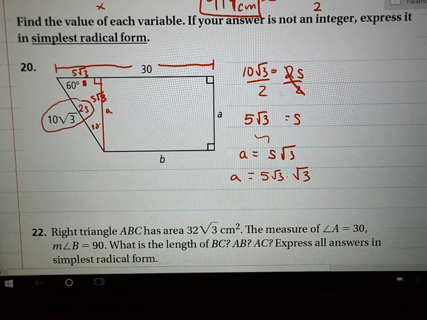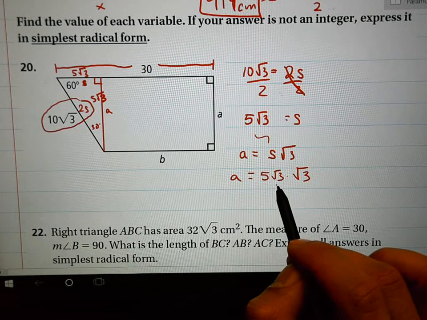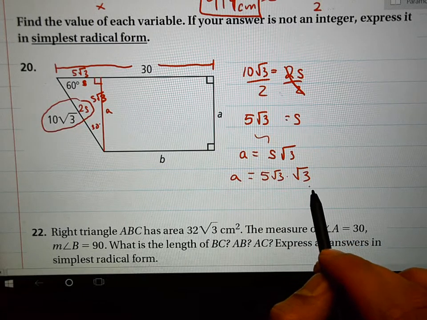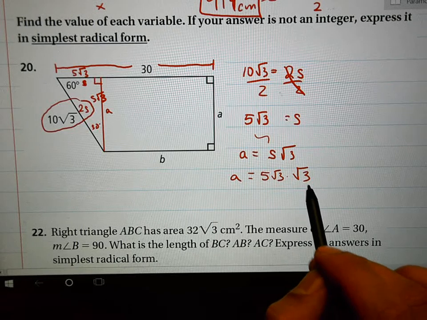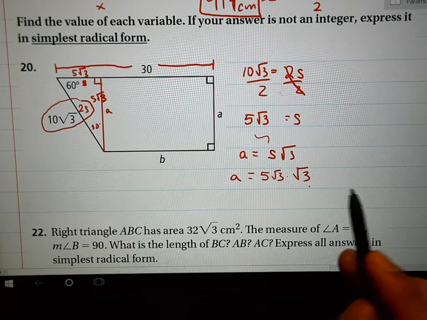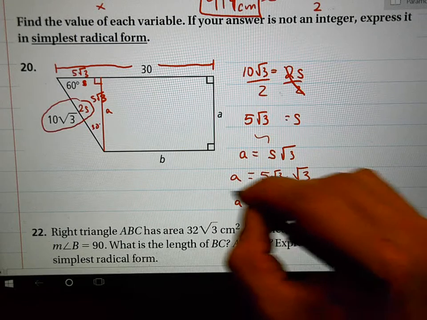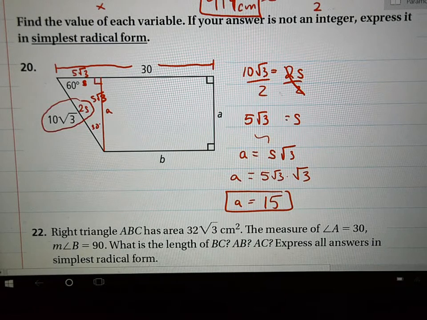If this is inside a radical, and that can multiply something else inside the radical, if you have a pair of them, they can pop out. So square root of 9 is 3. 3 times 5. A has to be 15 units long. There's no other way. It's 15. Okay. That's what A is.